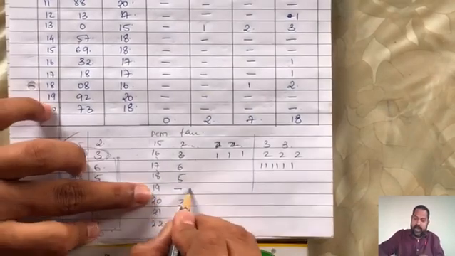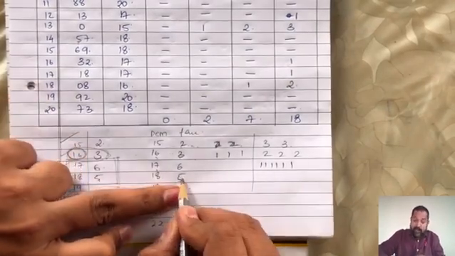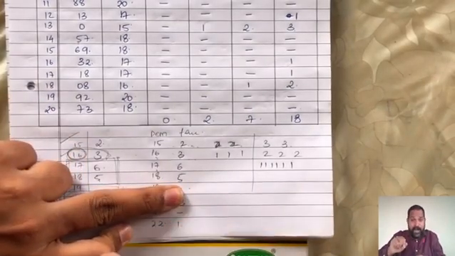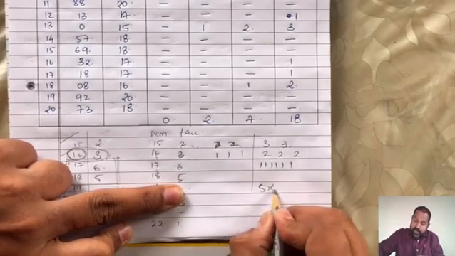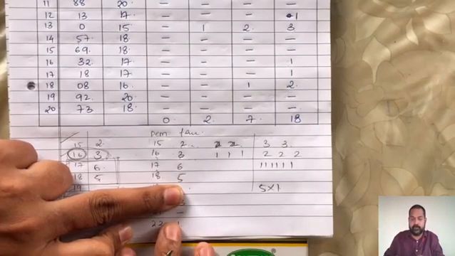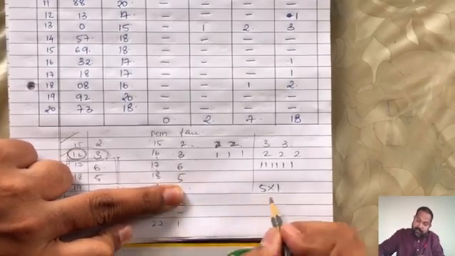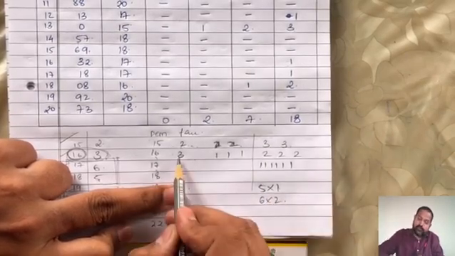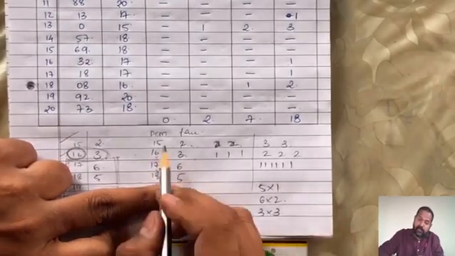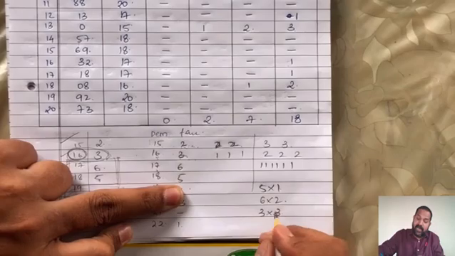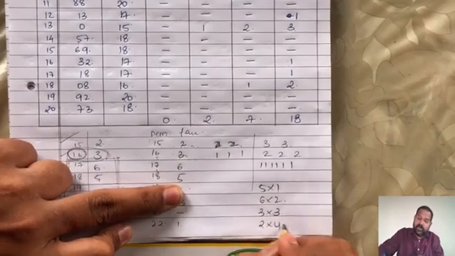If I'm stocking 19 books, 5 times it so happens that the demand is 18, which means 5 times I have 1 book unsold. 6 times I have 2 books unsold. 3 times I have 3 books unsold. And twice I have 4 books unsold.